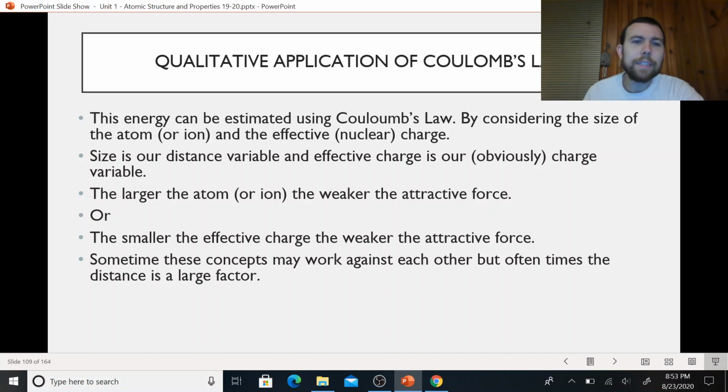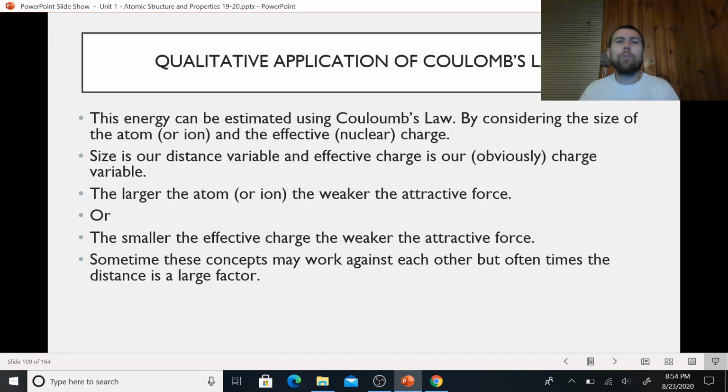Or, if the substance has a smaller effective nuclear charge, it's also going to have a weaker attractive force. That's going to be more prevalent when we're moving within a row on the periodic table, but the smaller the effective nuclear charge, the weaker the attractive force, right? That makes sense. If there's less pull of the nucleus, there's going to be less of an attractive force between the charged particles that are interacting.